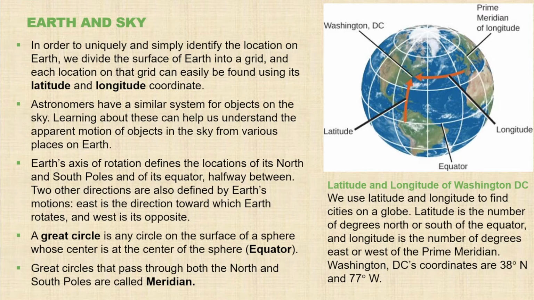If I want to point where to meet or where to sit at this table, I need another line which can intersect, and that intersection point is the location I'm looking for. So we define other lines, the longitudes, the lines that run from the North Pole to the South Pole. Those are called lines of longitude.